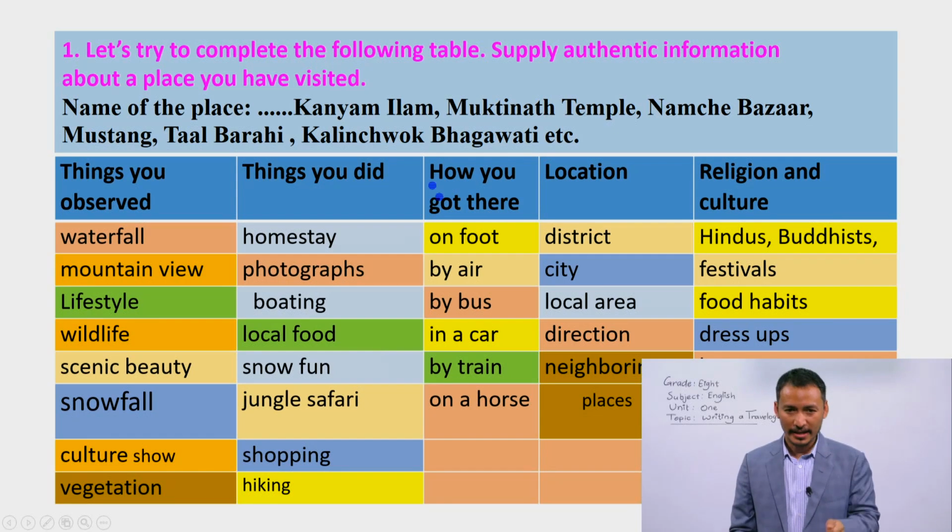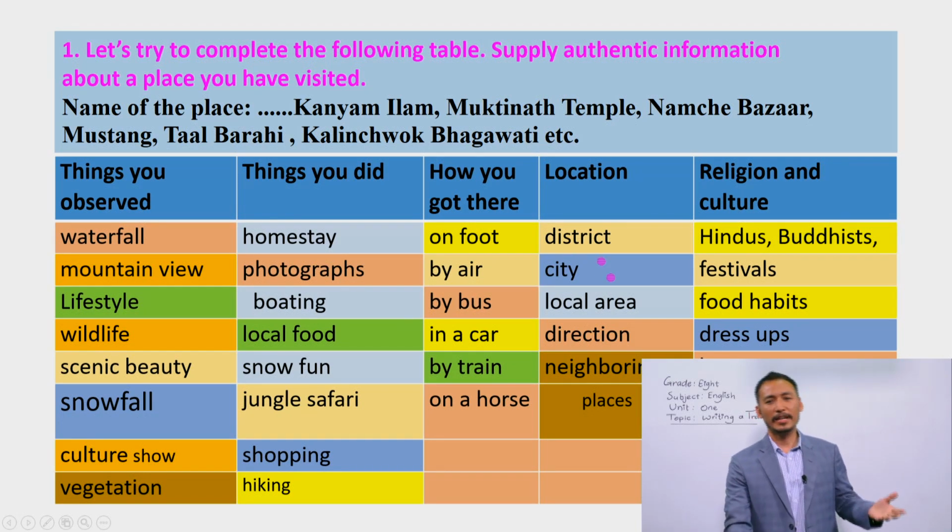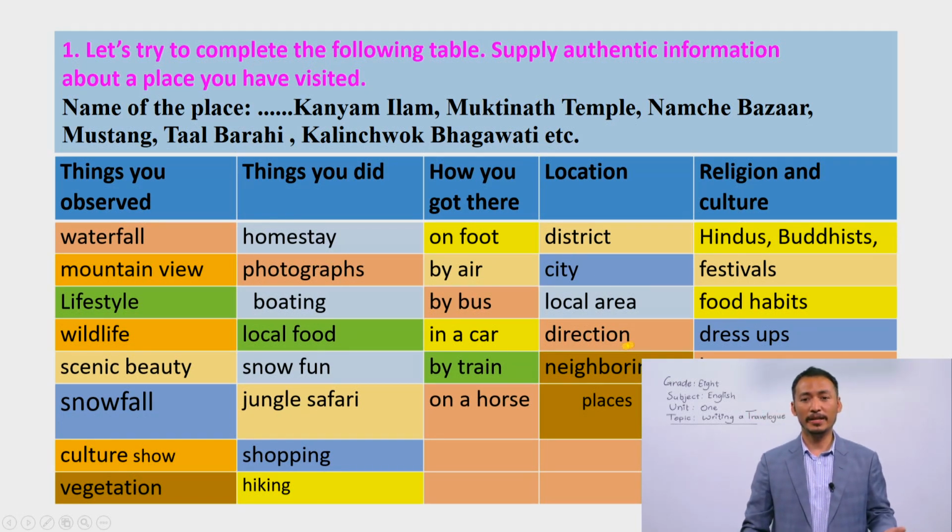Okay, great. How you got there: again, it's the same thing as we said earlier. You can say in a car, by train, on a horse, on foot as well. Location: yes, I have added more here. You can add direction or neighboring places.